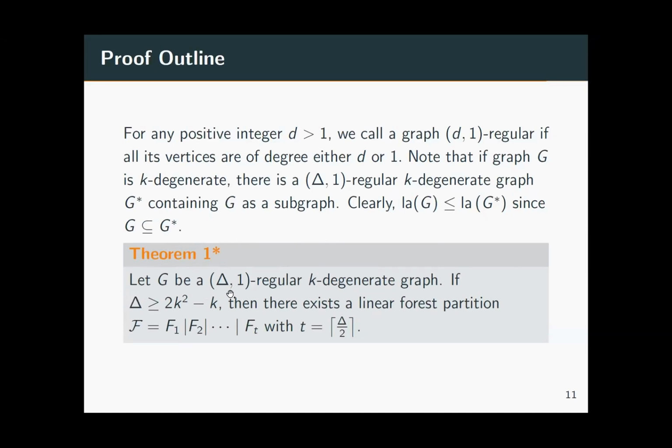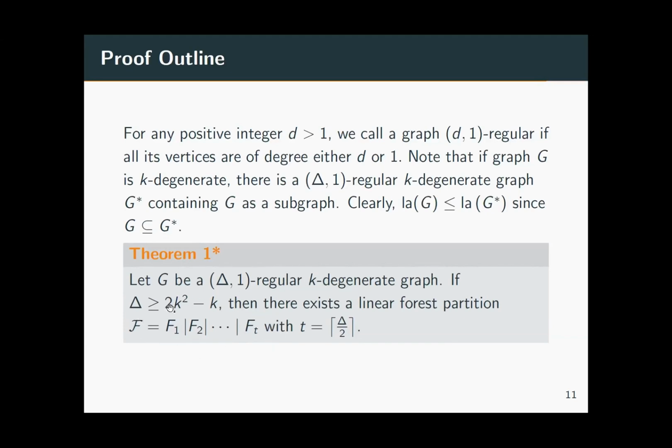If G is a (Δ, 1)-regular k-degenerate graph with the degree requirement Δ greater than or equal to 2k² − k, then we can find a linear forest partition F, where each F_i is a linear forest, with the number of linear forests t equal to ⌈Δ/2⌉.